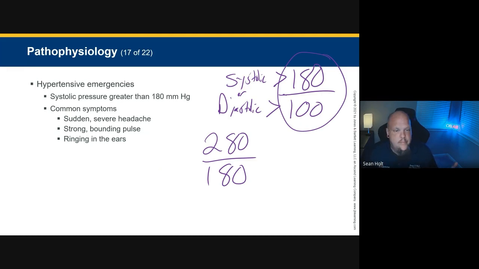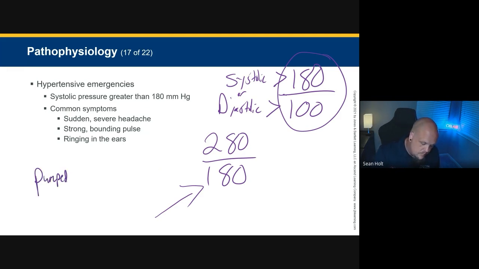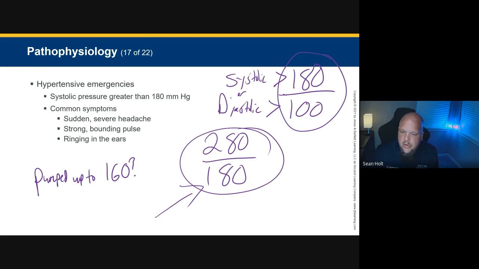So maybe you are used to checking blood pressures and you're confused because you can't hear a systolic blood pressure. Well, maybe you only pumped it up to 160. All right. Would you hear anything if that was the blood pressure, if you only pumped it up to 160?